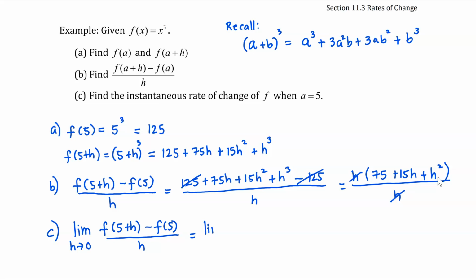So therefore, we have the limit of 75 plus 15h plus h squared as h approaches 0. And evaluating the limit here, as h approaches 0, we have 75, because this goes to 0, this one goes to 0, therefore we have 75. So the instantaneous rate of change of f when a is equal to 5 is 75.